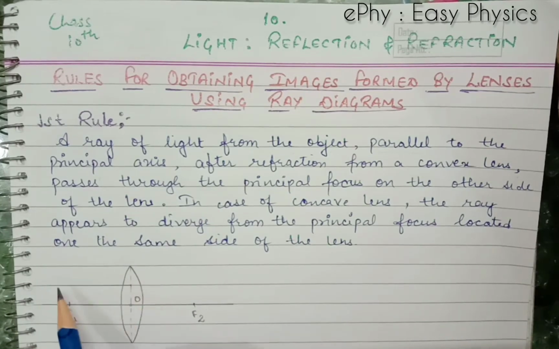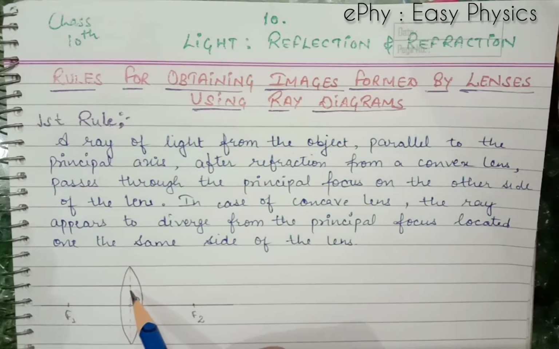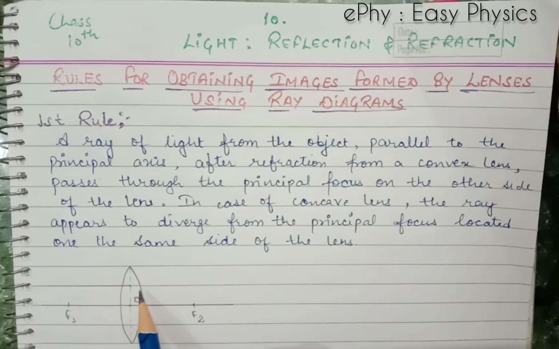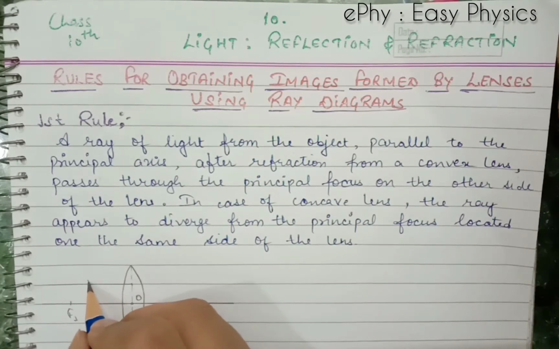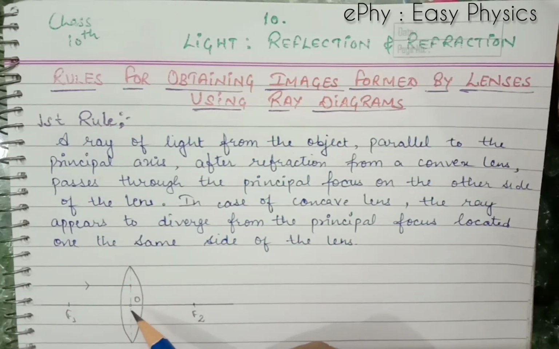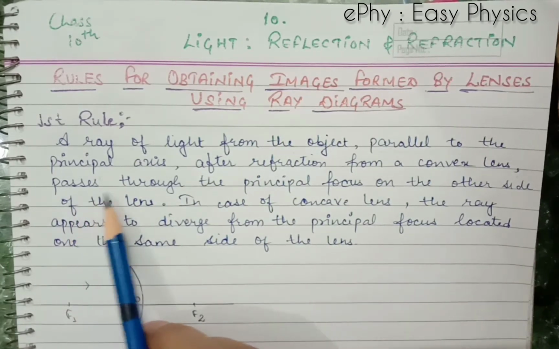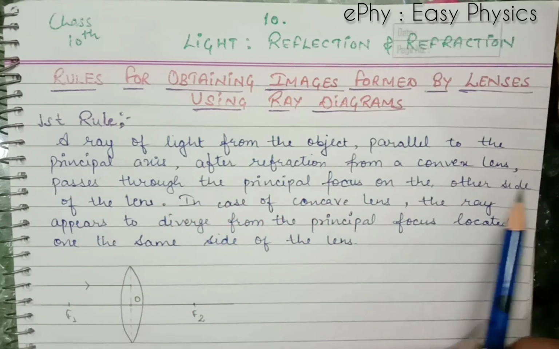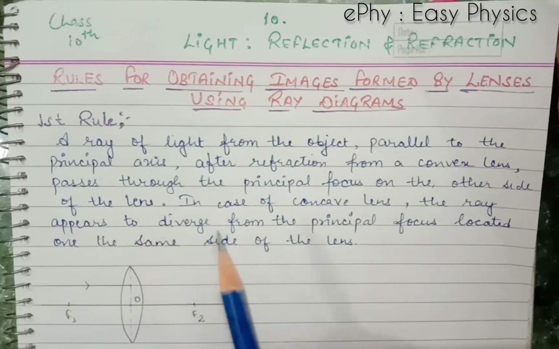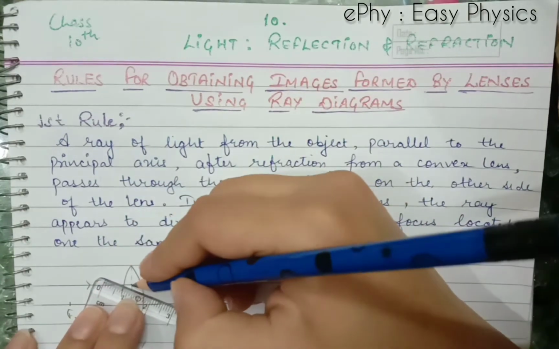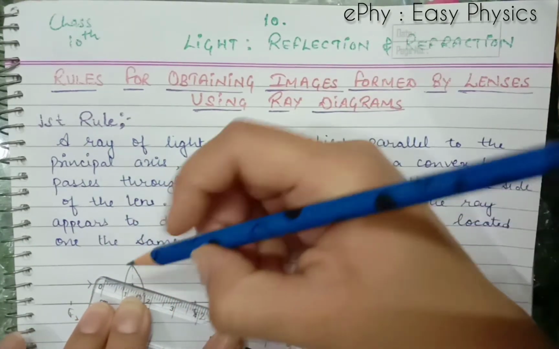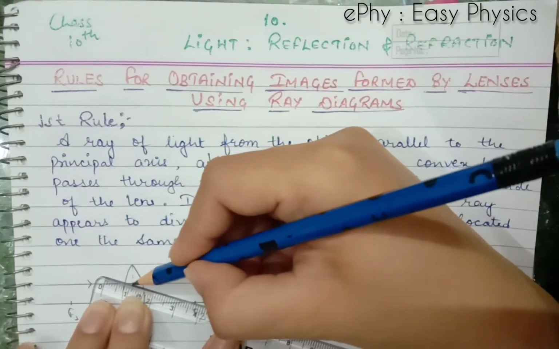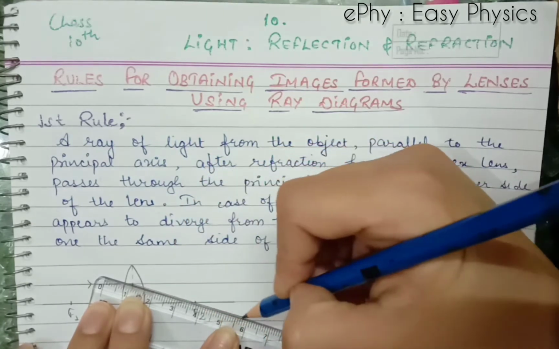Any ray which is coming from any point of the object, we will show it as bending from the middle of the lens. So this ray which is coming parallel to the principal axis will pass through the principal focus on the other side of the lens after refraction from the lens. So we will draw a line which is passing through the focus F2.